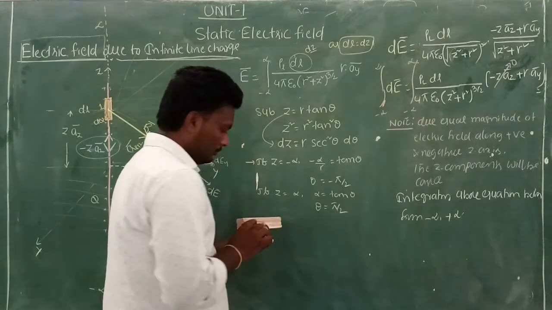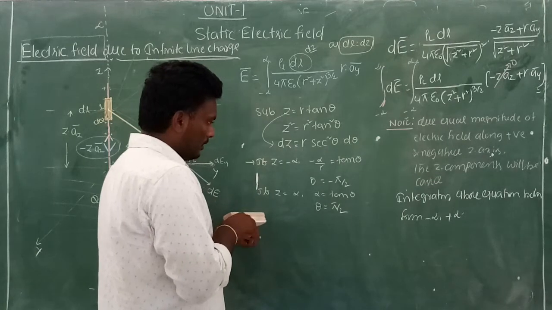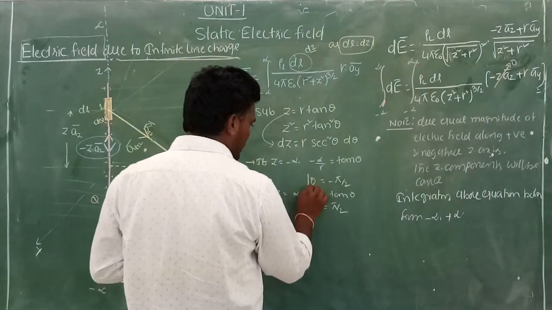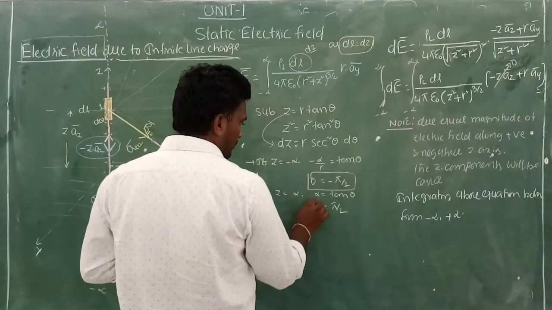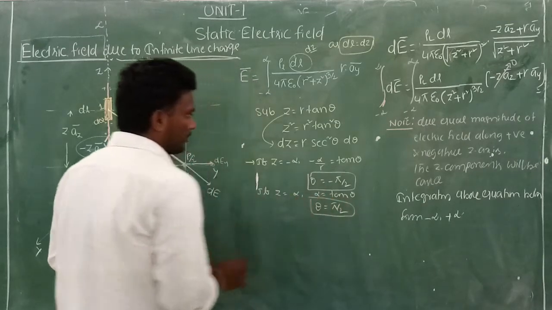Okay, limits. If z is equal to minus infinity, theta is equal to minus pi by 2, and for plus infinity, plus pi by 2.